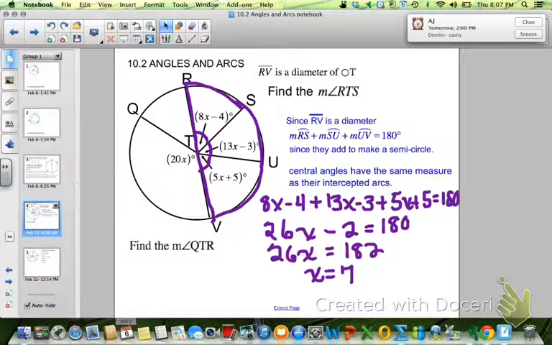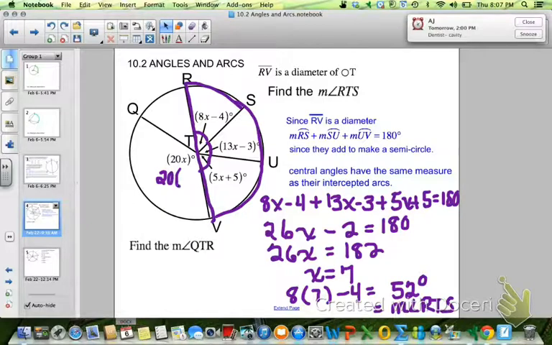So if I want to find the measure of angle RTS, we're going to go ahead and just put 7 into 8x minus 4. So 8 times 7 minus 4 gives me 56 minus 4, which is 52 degrees for the measure of angle RTS. Now to find our QTR, I can also plug in x equals 7 into this 20 times x, so that gives me 140.